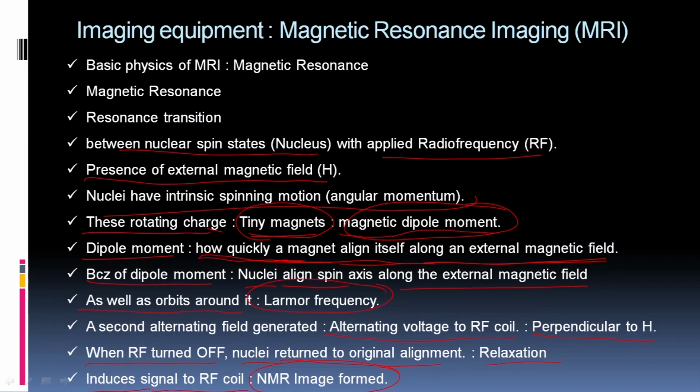Because of the dipole moment, the nucleus spin axis aligns along the external magnetic field and also orbits around this field axis, and this is known as the Larmor frequency. A second alternating field is generated by applying an alternating voltage to the RF coil, which is perpendicular to H. Now, when we turn off the radio frequency, the nuclei return to the original alignment. This is known as relaxation, and it induces a signal in the RF coil, and the NMR signal image is formed.